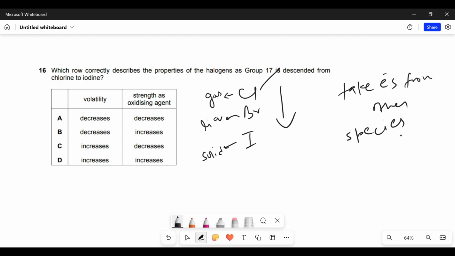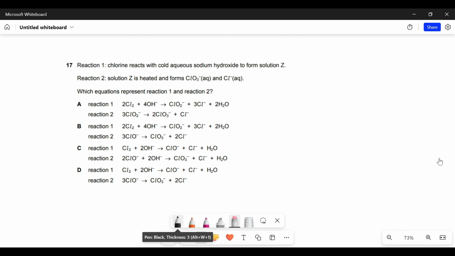Since chlorine has smaller size, it has higher tendency to take electron. If you go down the group, the size increases. As a result, the tendency to take electron decreases. Hence, strength as oxidizing agent also decreases. Hence, option. Question number 17.